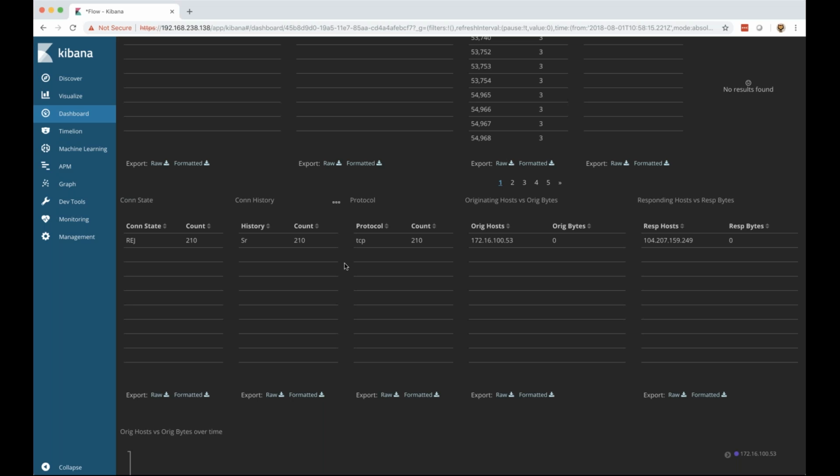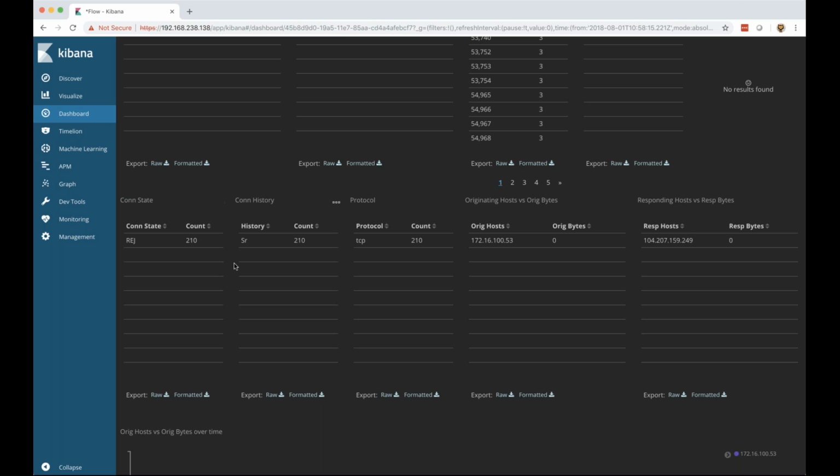So if the originator was to send a SYN and then sent another one, Bro won't keep track of that because it already tracked one of them. So just be aware that when using this, you're not going to see it in the exact order that it happened. But in this case, we know that at least a SYN was sent and a reset was sent. There could have been multiple SYNs before the reset or even multiple resets, but that's not necessarily anything at this level that we care about.